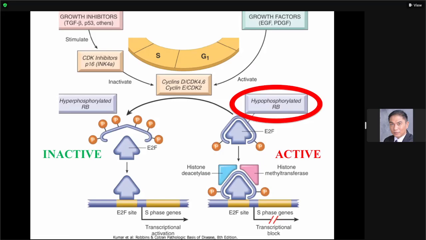So there is no block in transcriptional activation, cell proliferation, cell growth.